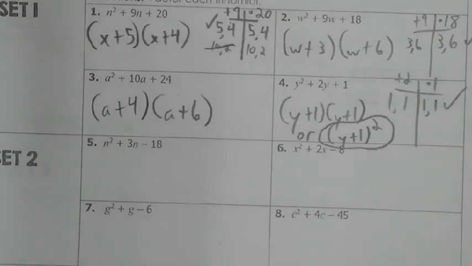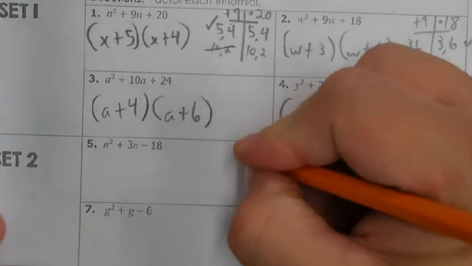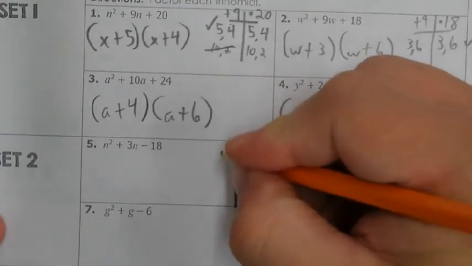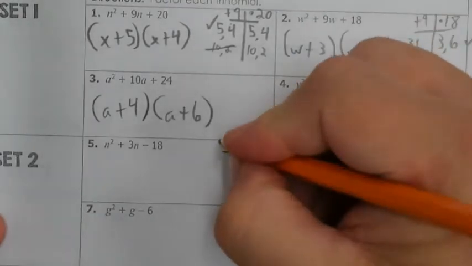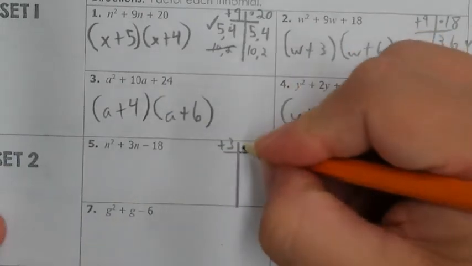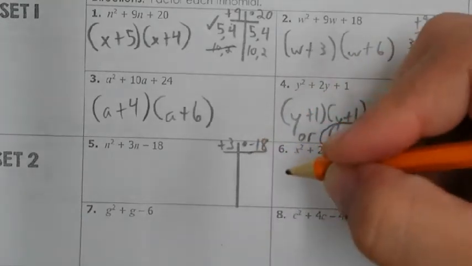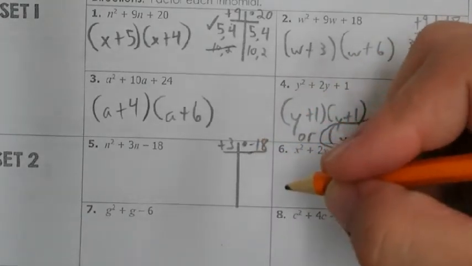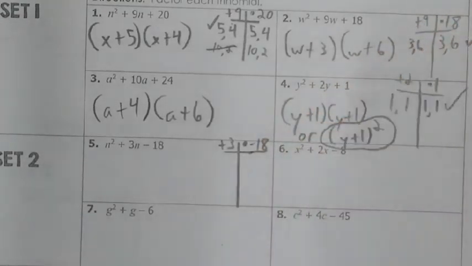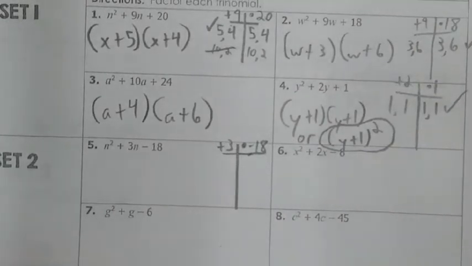All right, so number 5. Now we got some negatives. So this one you probably will need to use your chart a little bit more. We're trying to get a positive 3 with addition and then times a negative 18. What 2 numbers would give us negative 18? We know 1 times negative 18, but is that going to work for 3?